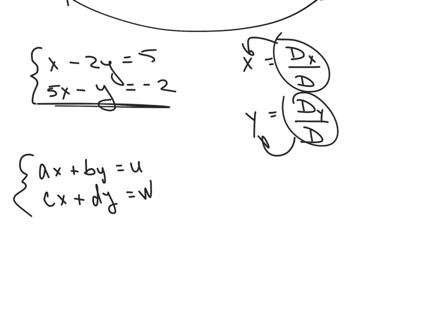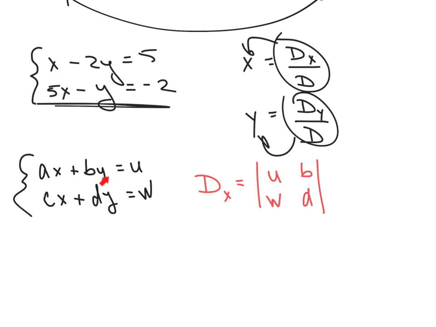Okay, so D of x, or however you want to say that, D subscript x, equals the determinant u, w, b, d. Okay, that's all it is. So whatever number is u, we're going to put there.